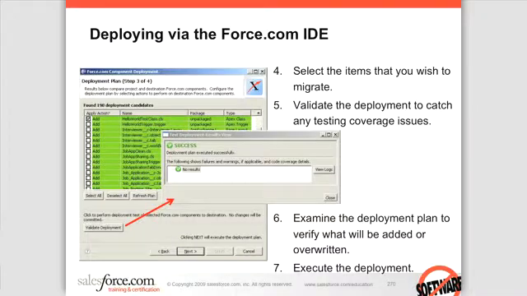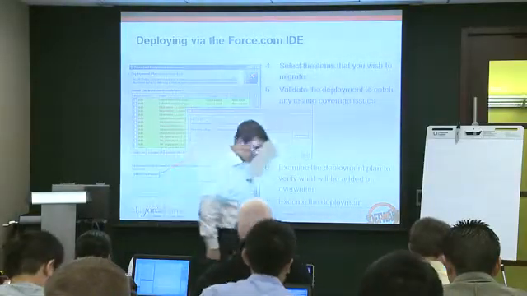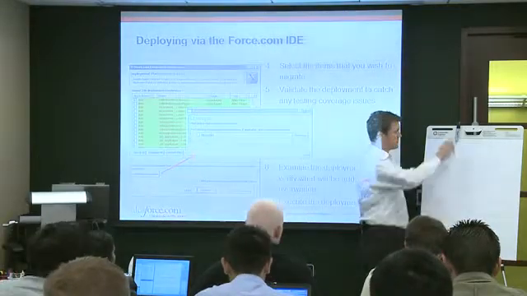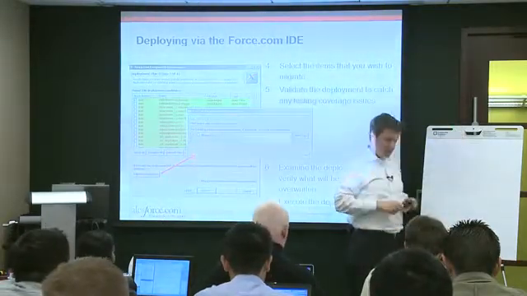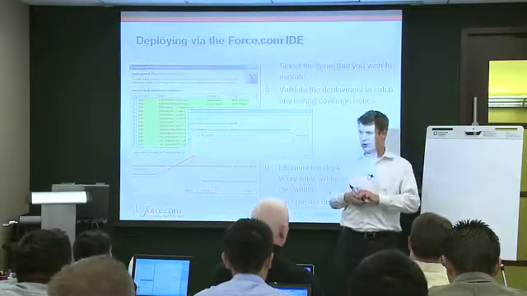There's also a very important button, which is the Validate Deployment button. Often there will be a number of problems that you'll run into in pushing your metadata up to the target org. I'm going to step out here for a second and draw a little something on this chart. There are a few specific problems that you'll encounter when deploying to a production org that you need to watch out for.